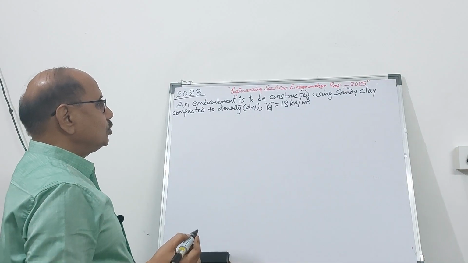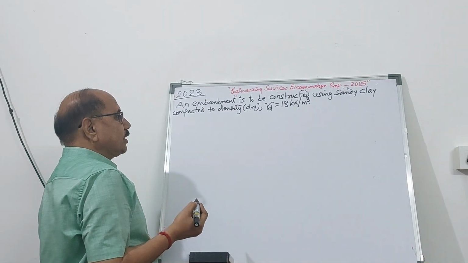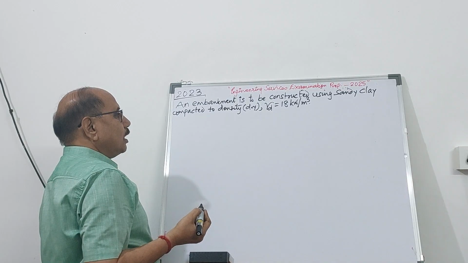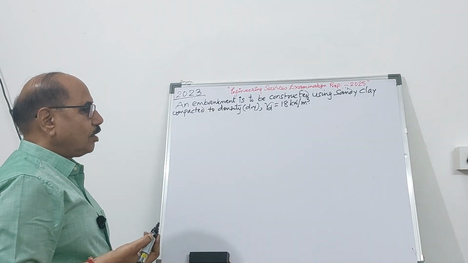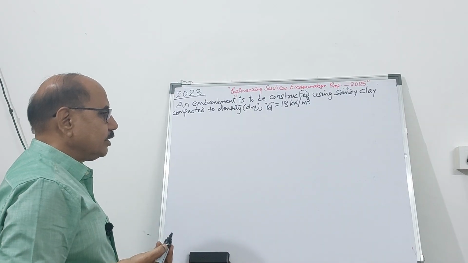So you are going to use sandy clay and it is compacted, achieving a dry density or dry unit weight of 18 kilonewton per cubic meter.